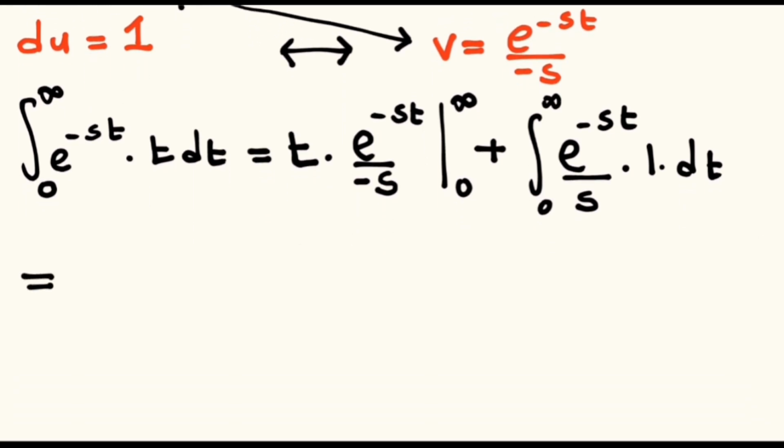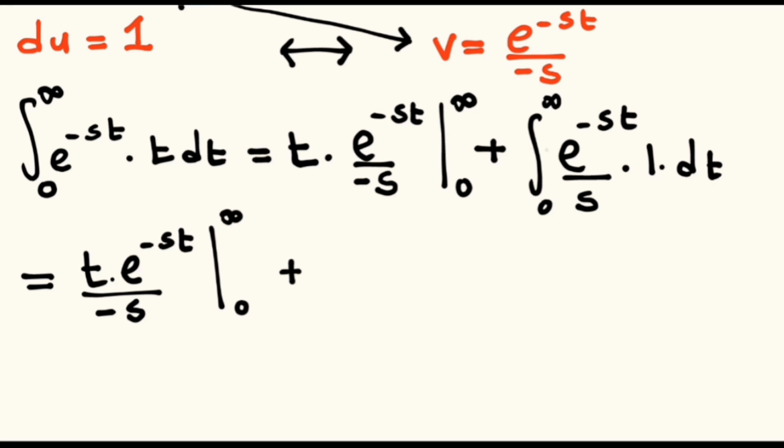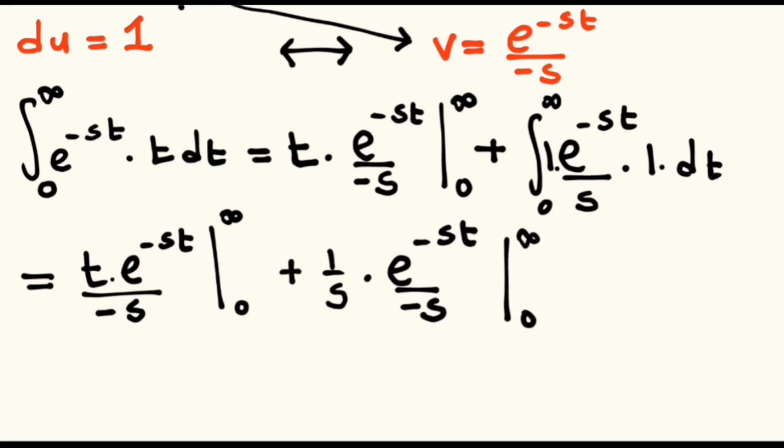So this will be equal to t multiplied by e raised to the power negative st divided by the negative s, with our limit from 0 to infinity, and we have 1 over s multiplied by the integral of e raised to the power negative st, which is e raised to the power negative st divided by the negative s, and our limit is from 0 to infinity.